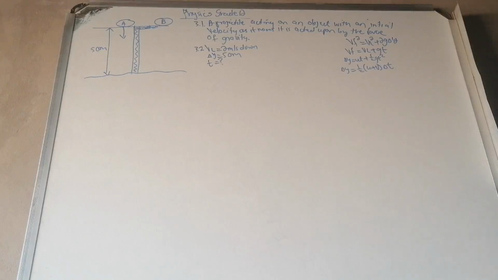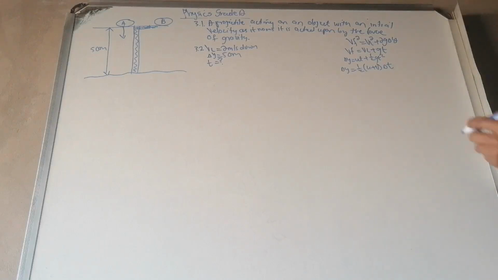So in 3.1, they said we should define a projectile, and we said a projectile is an object with an initial velocity that, as it moves, is acted upon by the force of gravity. I know that the gravitational acceleration is 9.8 meters per second squared, and it is always directed downwards. That is a key, and it tells me that I must use the gravitational acceleration value, or else it becomes impossible to use any of these equations.